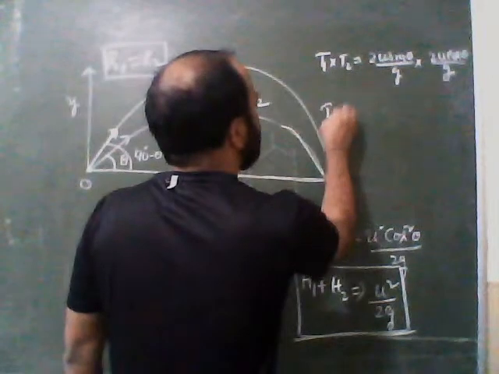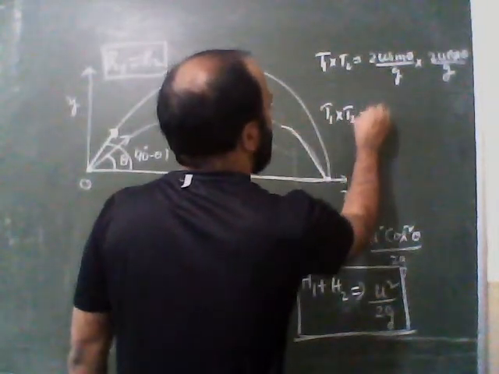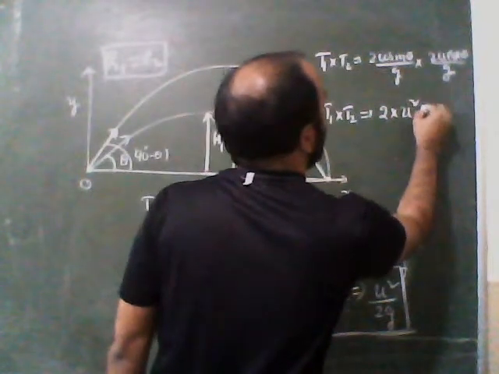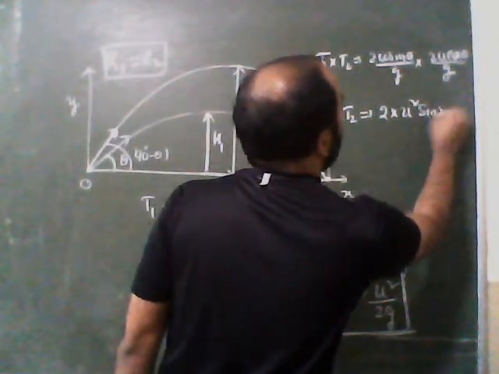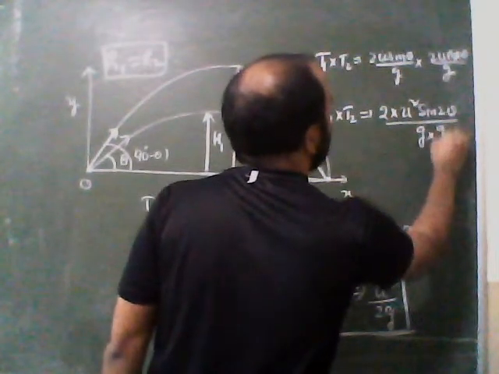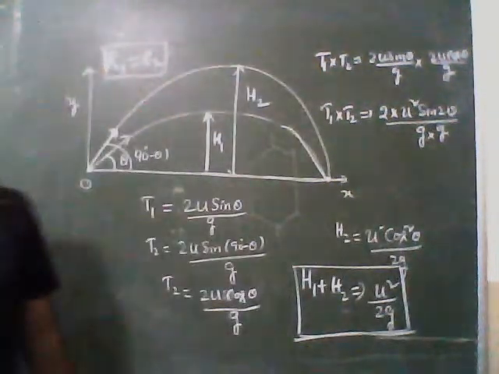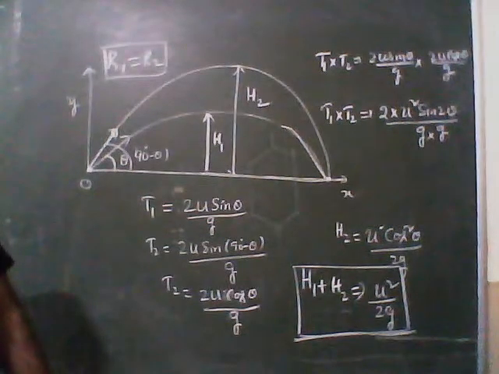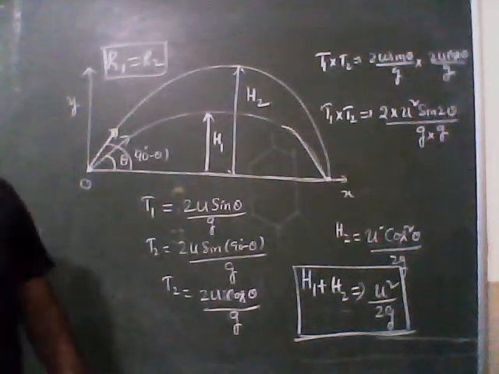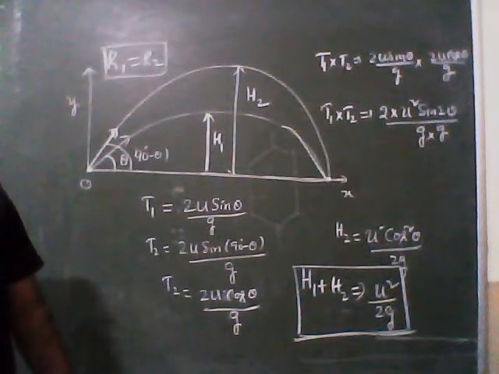So the product of these two gives sin 2 theta by g into g. The product of the times becomes 2u square sin 2 theta by g square, that is 2 by g into u square sin 2 theta by g.